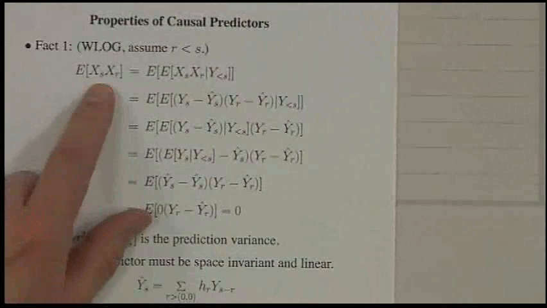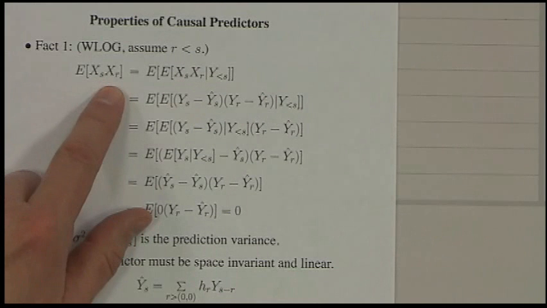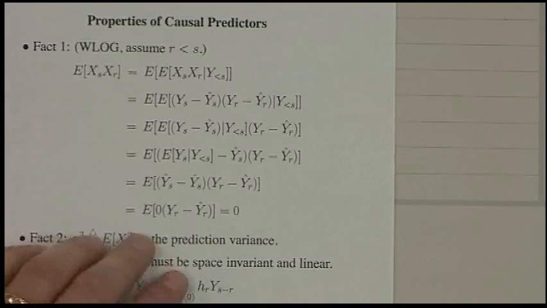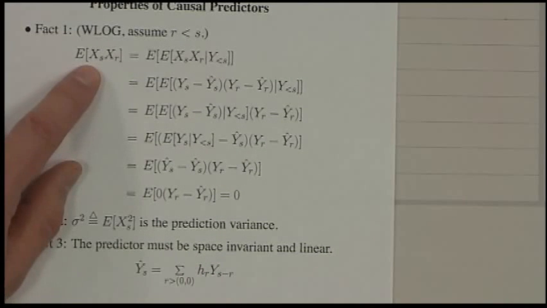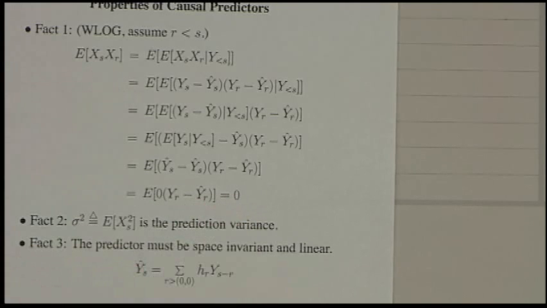If you look at the correlation between x sub s and x sub r, where x is, remember, the prediction error, for s and r not equal, then the expectation of x sub s times x sub r, and this is zero mean, remember, is 0. So prediction errors are uncorrelated.